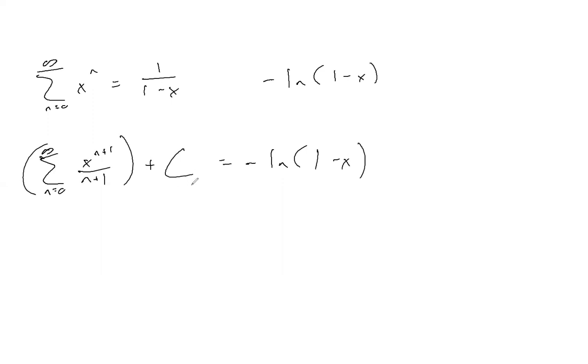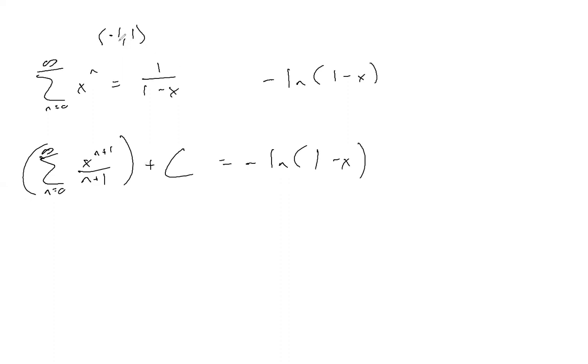I'm actually going to solve for the value of c. This power series equals this function on negative 1 to 1, and the integral should equal this new function on this interval as well. Maybe the endpoints will be different.